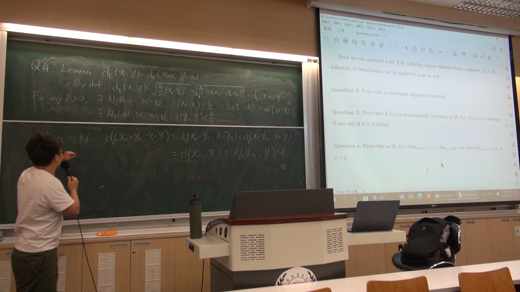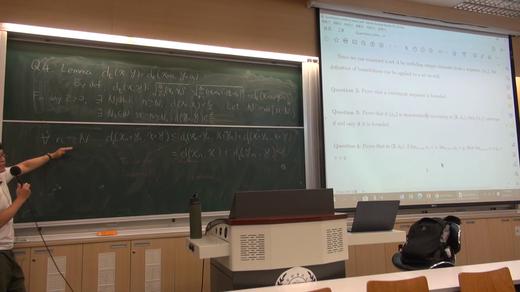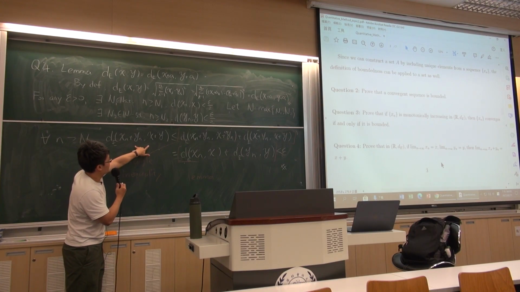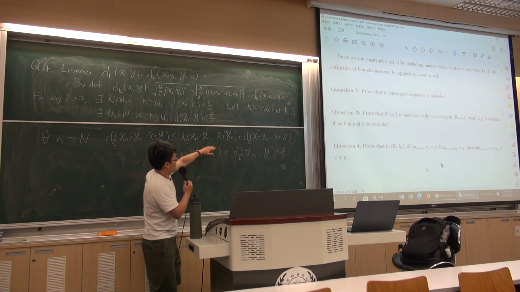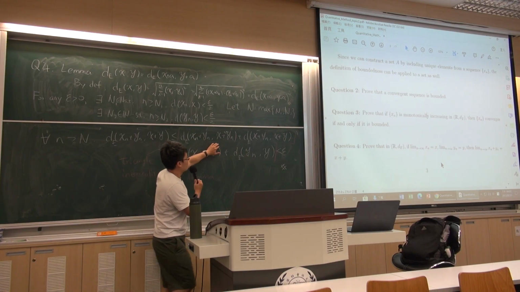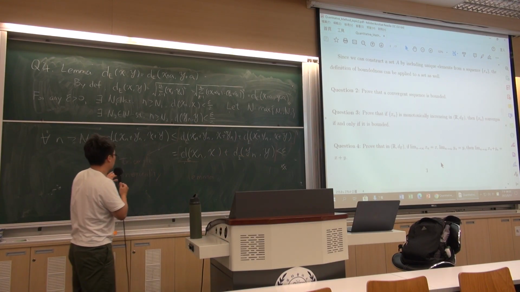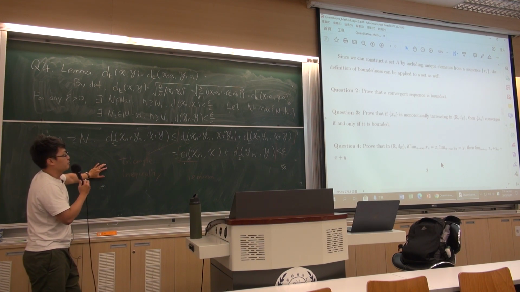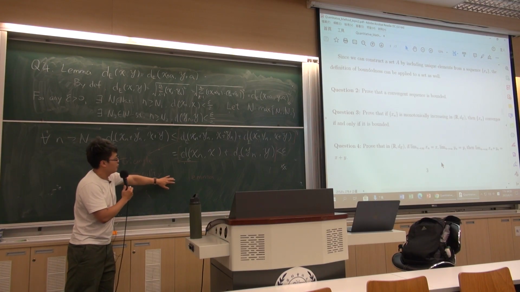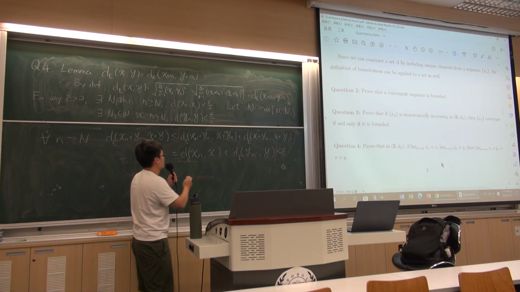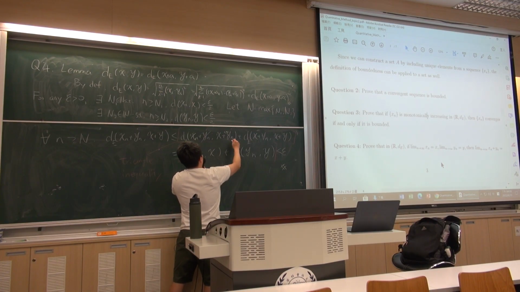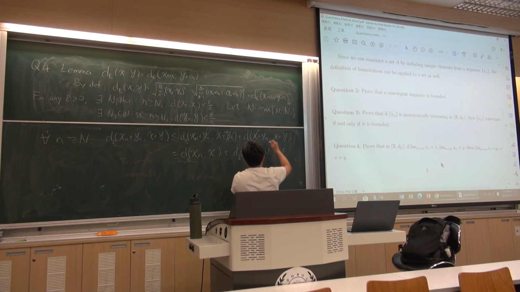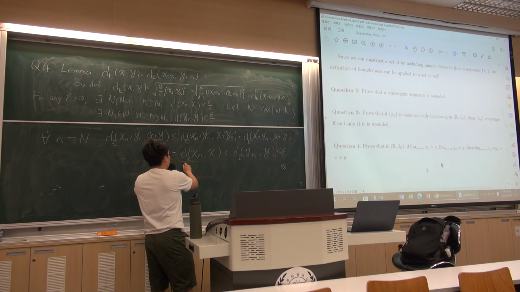After we pick that, we already know that when the small n is larger than that big N, the distance between these two terms will be smaller than the sum of these two terms, which is from the triangle inequality. And then, by the lemma we just proved, we remove the xn term and we remove the x here, then we get what we want.